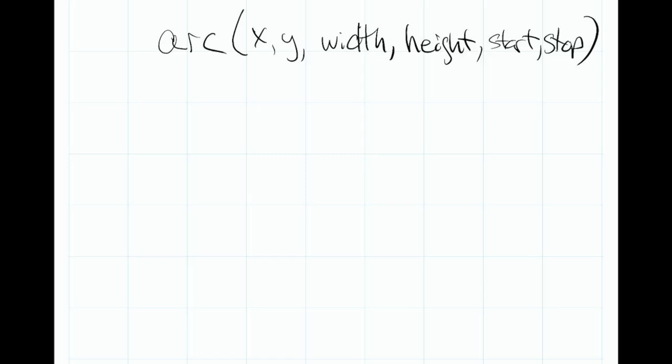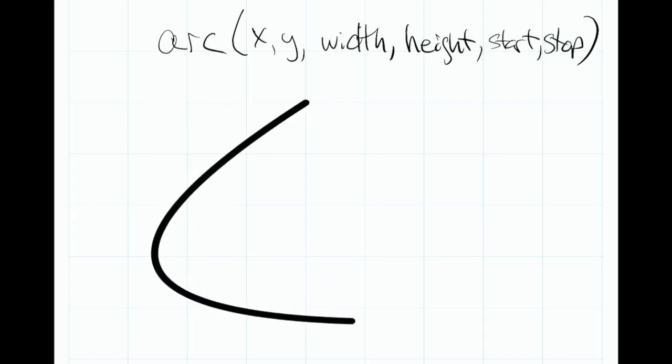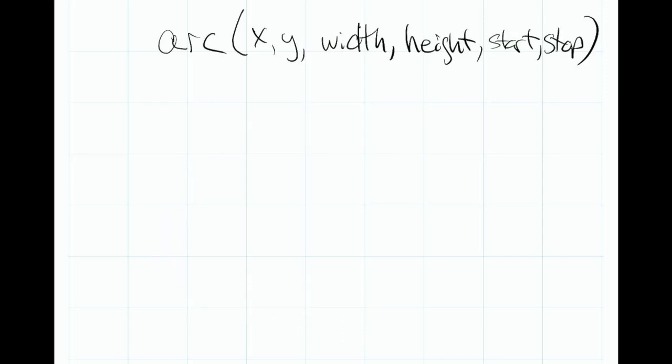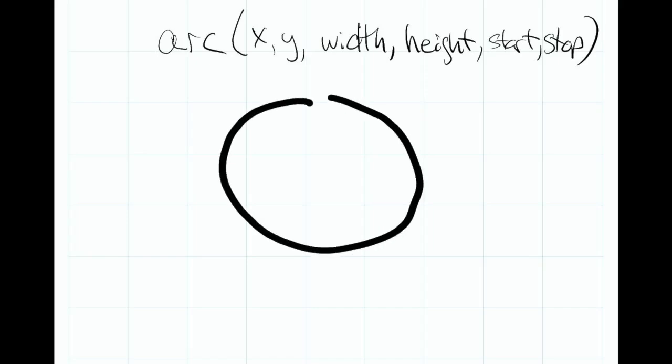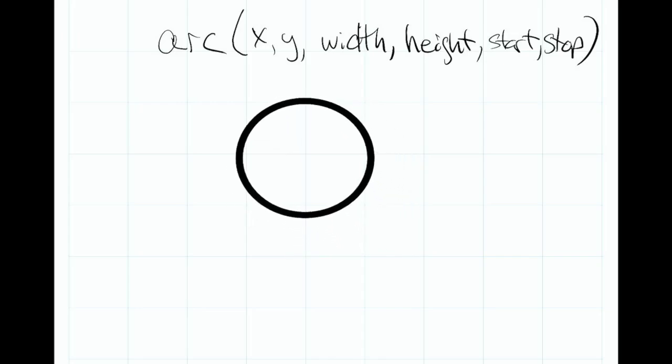Okay, so let me go on and make an arc. That doesn't look very good at all. Let me try it this way. Can I do a circle? All right, a circle works pretty well.